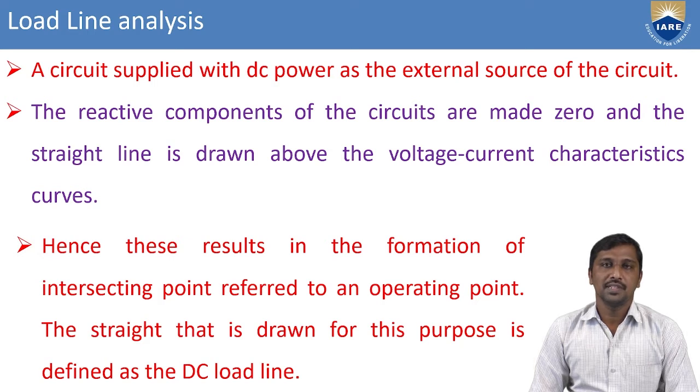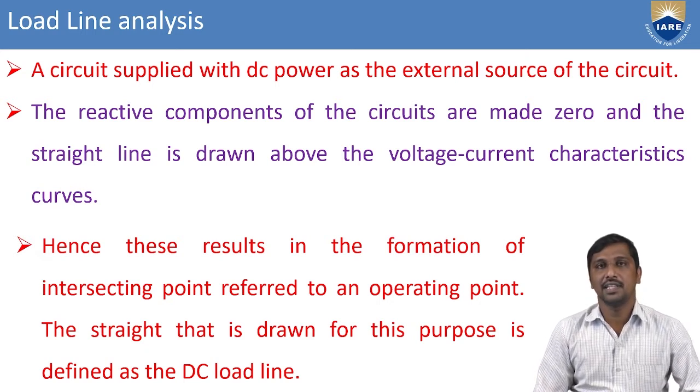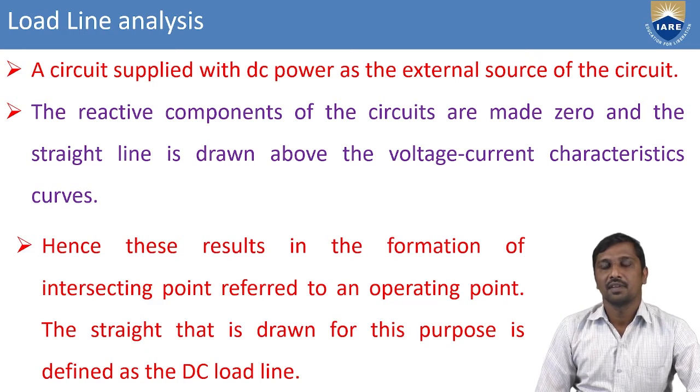To observe this load line analysis of the PN junction diode, first we need to plot the VI characteristics of the PN junction diode. Under this VI characteristics, we have two types of characteristics: one is forward bias characteristics, another is reverse bias characteristics.